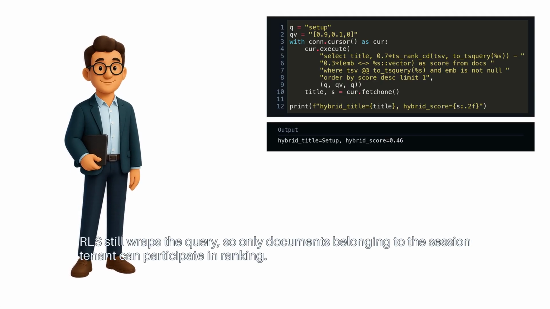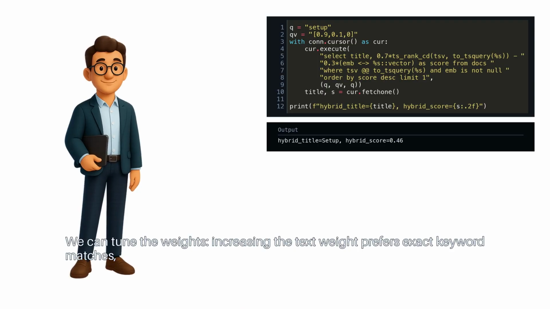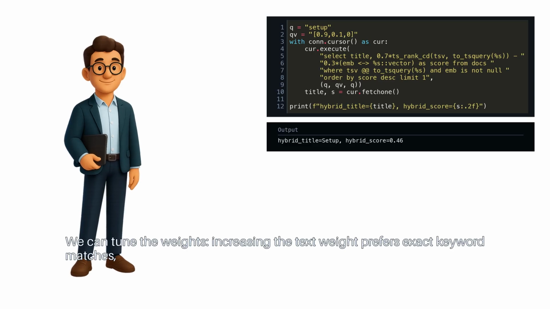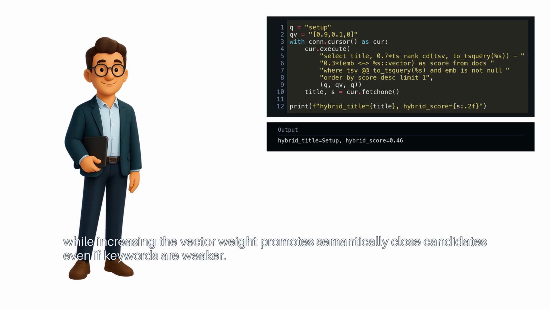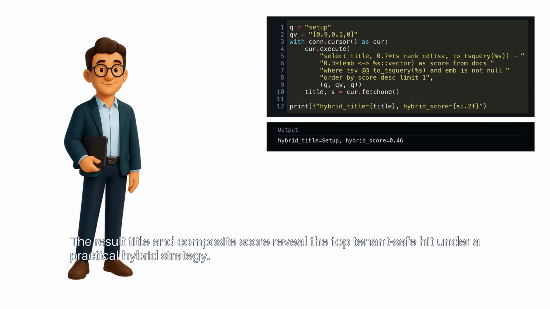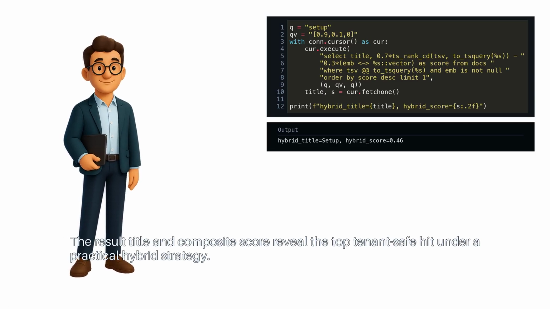RLS still wraps the query, so only documents belonging to the session tenant can participate in ranking. We can tune the weights. Increasing the text weight prefers exact keyword matches, while increasing the vector weight promotes semantically close candidates, even if keywords are weaker. The result title and composite score reveal the top tenant-safe hit under a practical hybrid strategy.